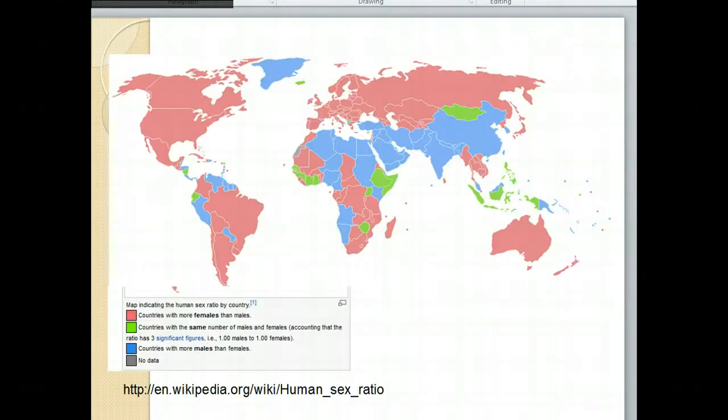The book talks a lot about using population pyramids to understand age demographics and gender ratio, and so here's a little map from Wikipedia showing countries with more females than males. Countries with the same number are green, and countries with a lot more males than females. Typically in most countries you end up with a few more women than men.